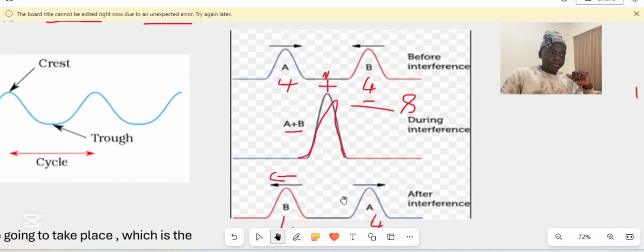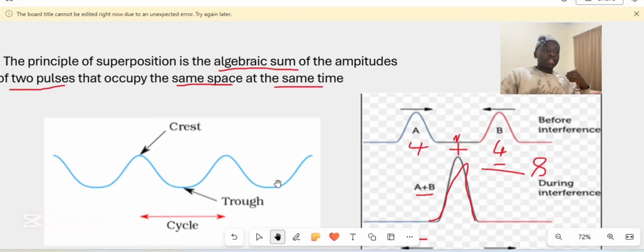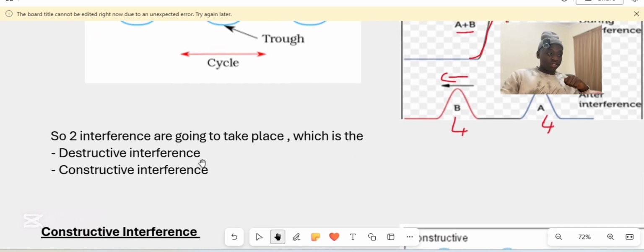As you can see here, pulse B was going towards the left, and after the interference, it is still going towards the left. Pulse A was going towards the right, and after interference, it is still going to the right. So yes, after interference, they regain their original amplitude and the original directions.